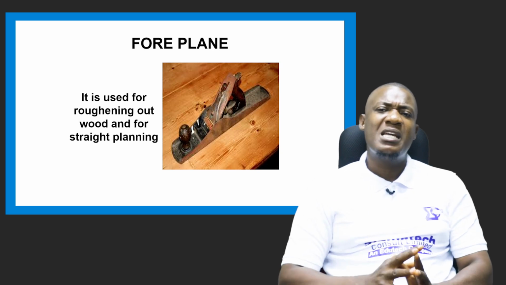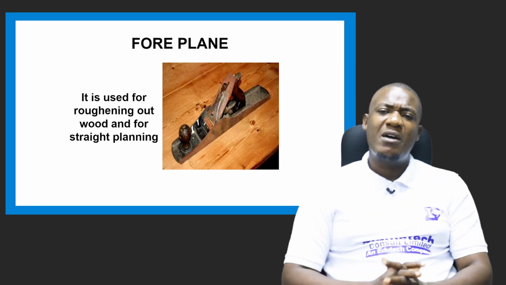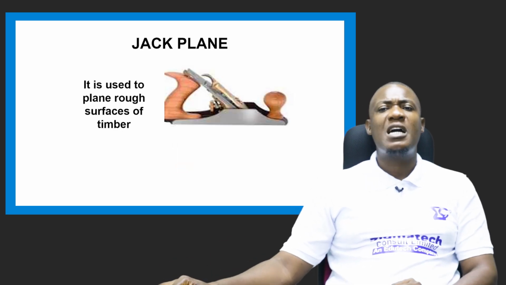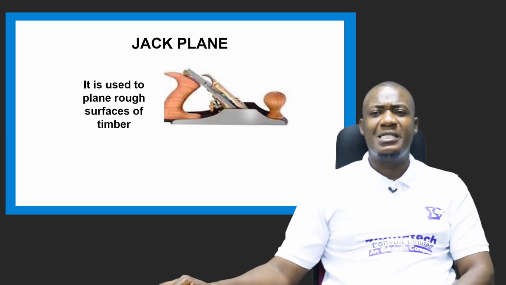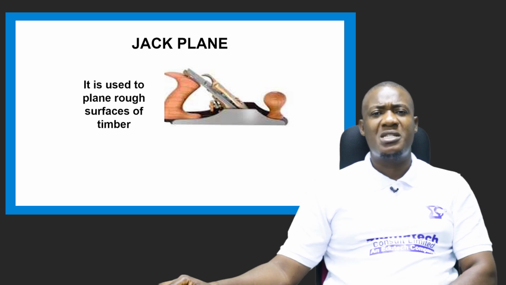The fore plane, the name fore, is the first plane to be used before we can have other planes. We also have the jack plane. After the fore plane is the jack plane. The jack plane is used to plane rough surfaces.